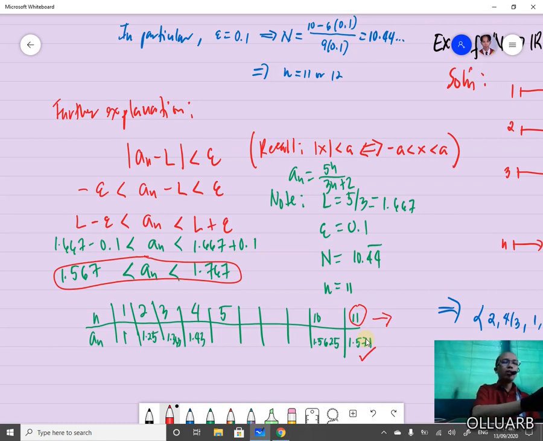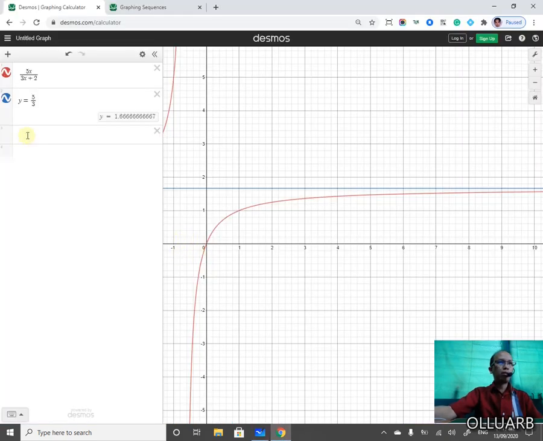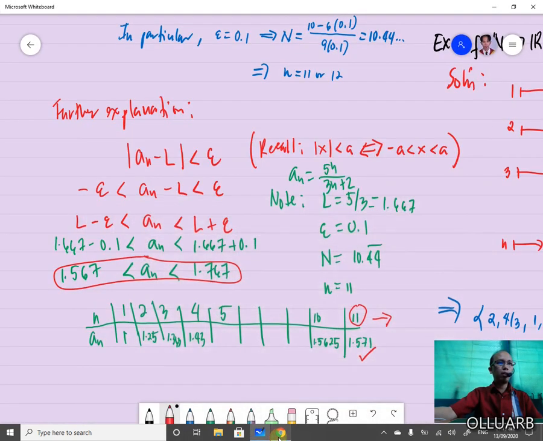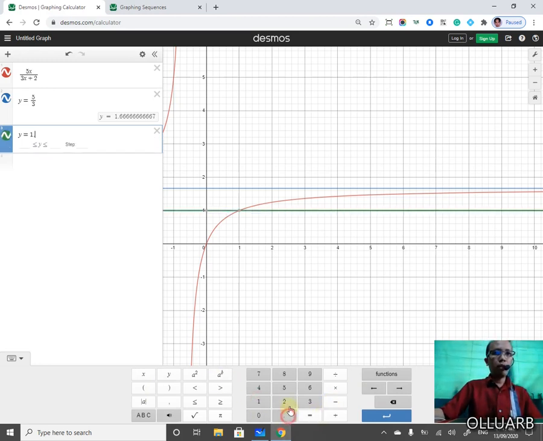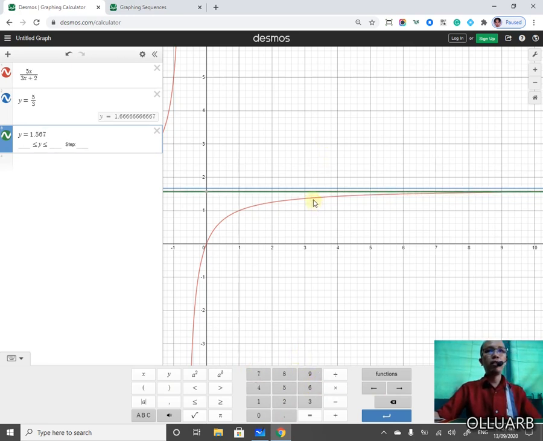So what does it mean if you look at the graph? Get these values here, 1.567 and 1.767. So if y is equal to 1.567, that's the green one.